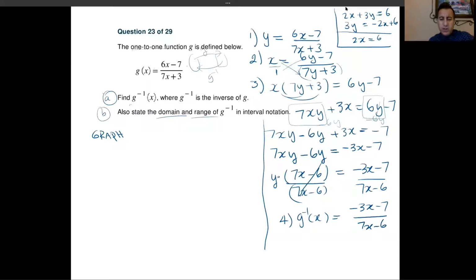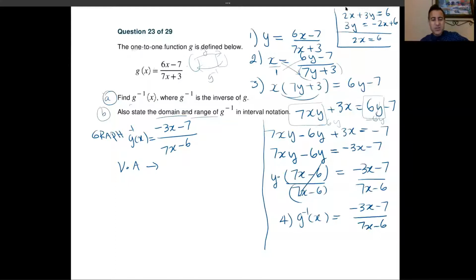So if I want to graph this, prior to this you've done graphs of rational functions. You looked at the vertical asymptote, and of course there are some previous videos where I did exactly something like this.